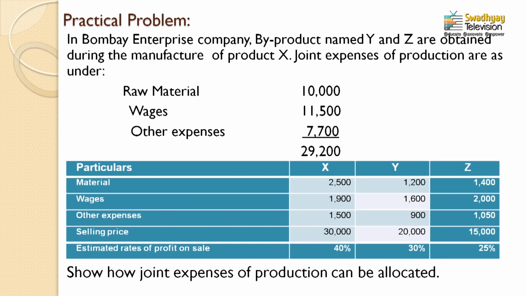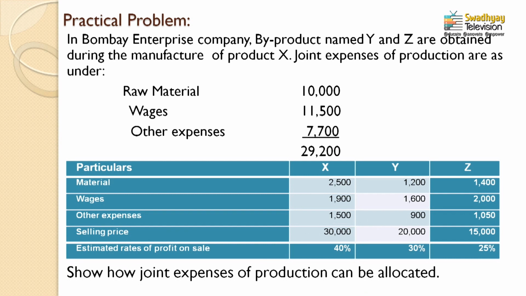See here, the first item is material. Material expenditure incurred for product X is 2,500, but for byproducts Y and Z it is much lesser than the main product, which is natural, because these are byproducts. Main product expenditures are always higher than the byproducts, which are 1,200 and 1,400. Now see the wages.